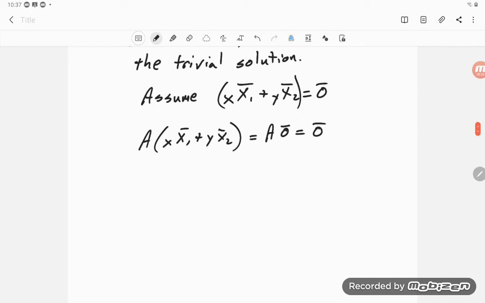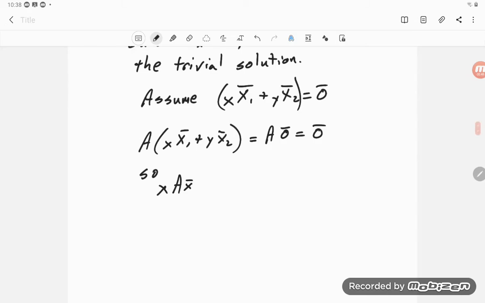Now I can multiply through, using the distributive property and a little associativity, and write that as x A x1 plus y A x2.